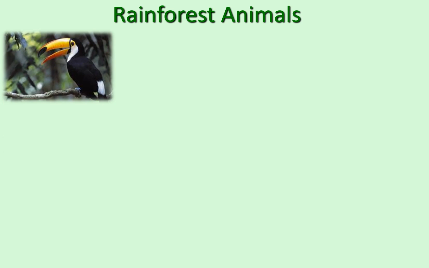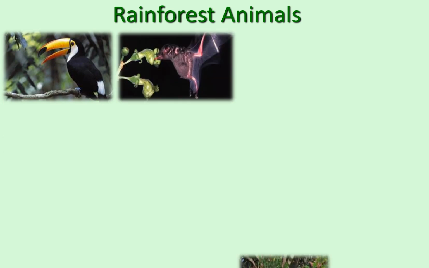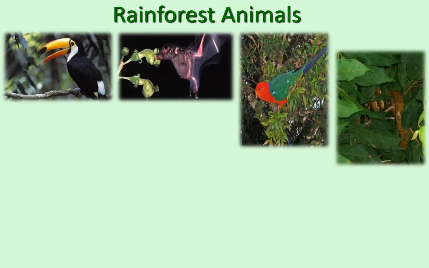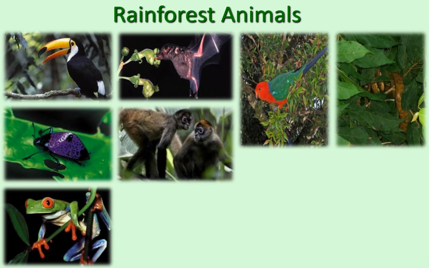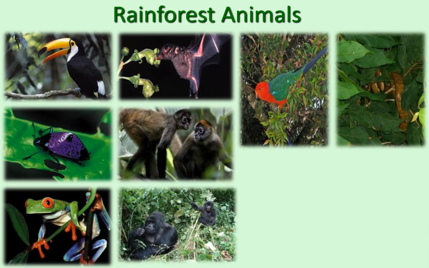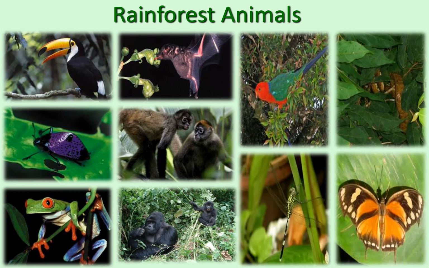Correct. So rainforest animals are toucan, bats, parrot, snake, beetle, monkey, frog, gorillas, dragonfly, and butterfly. So these are examples of rainforest animals.